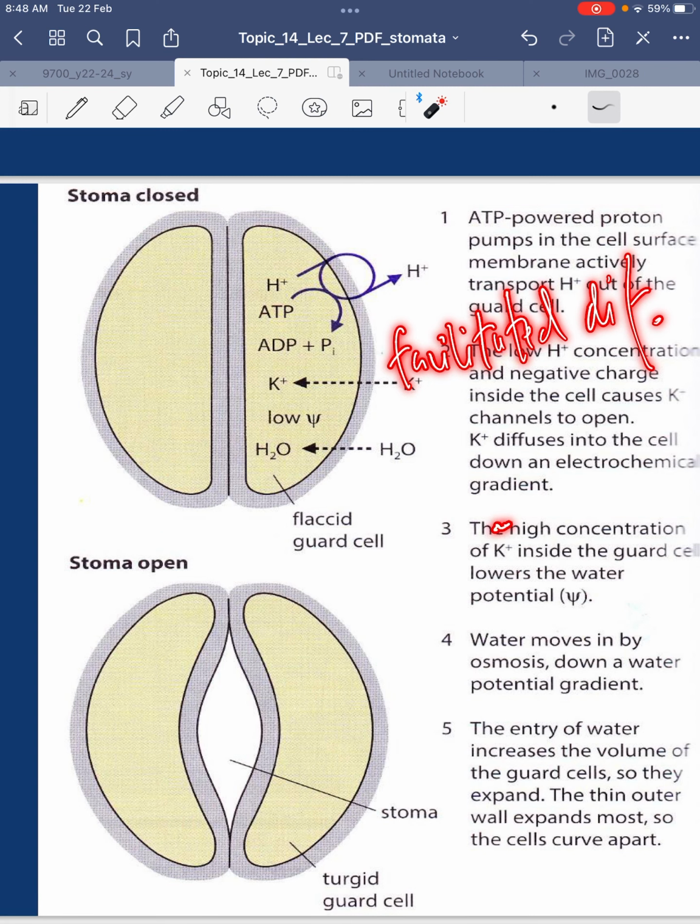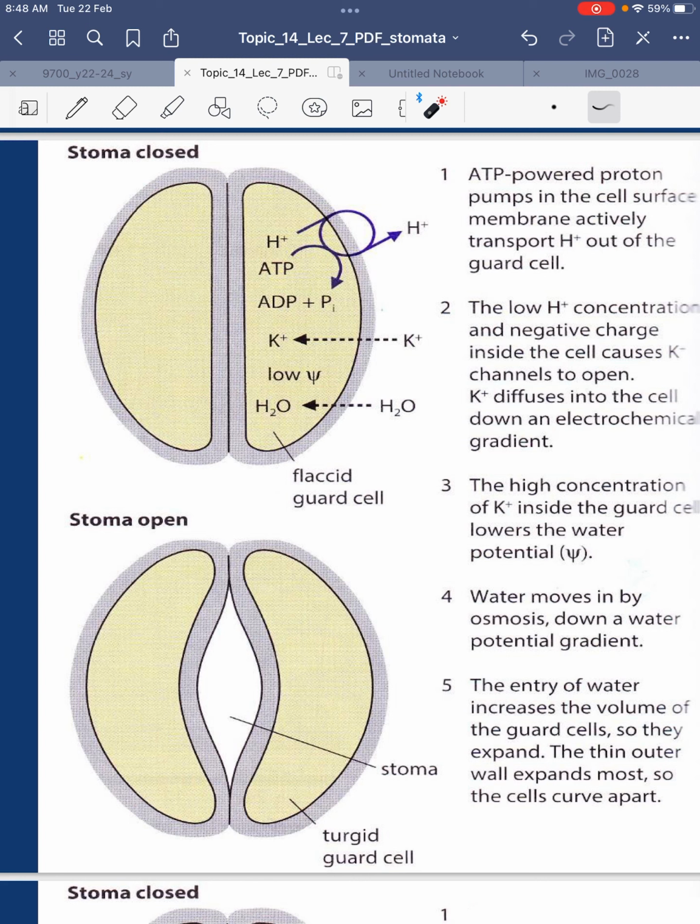So the entry of potassium here will cause high solute concentration, and then of course low water potential inside the guard cell. So then water can now enter. When water enters, that's when it creates the stoma, the hole. So it's very easy.